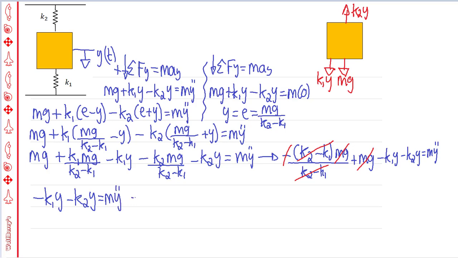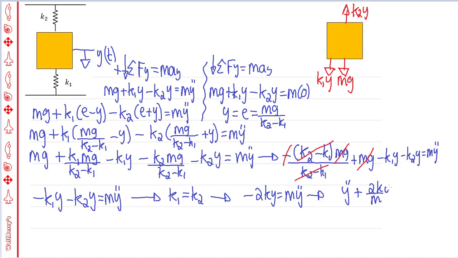And we have the same thing as last time. We have two situations. If k1 equals k2, then the equation becomes minus 2ky equals m y double dot, and in the end we have the same equation as last time, y double dot plus 2k over m y equals 0.